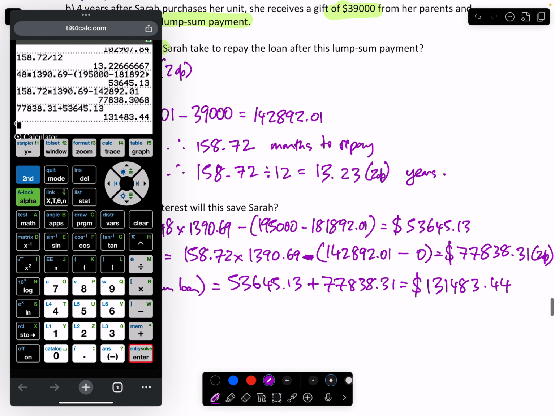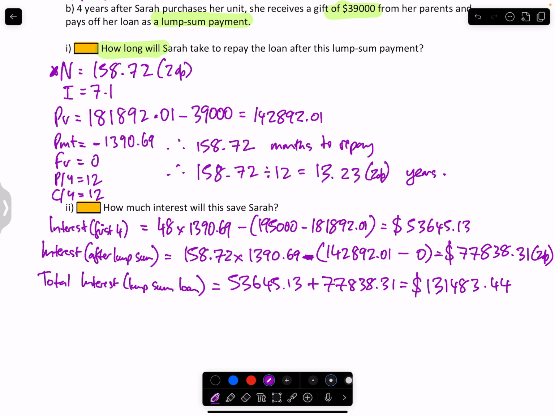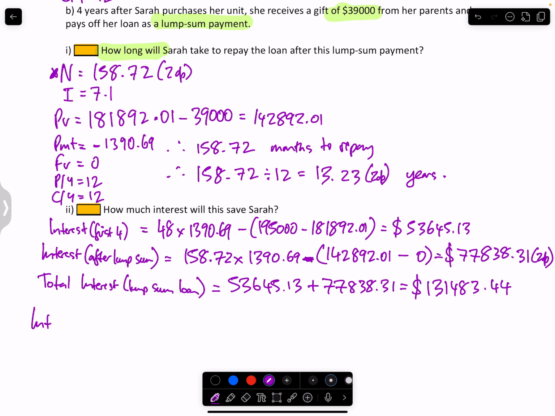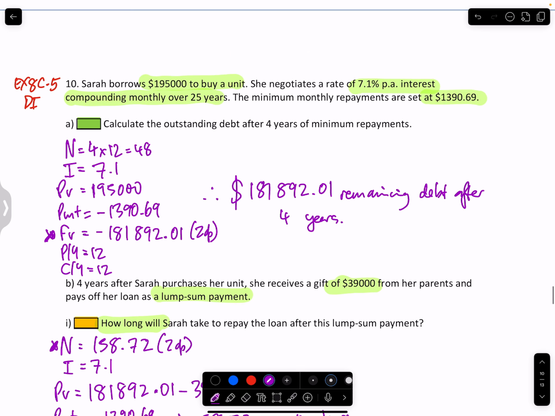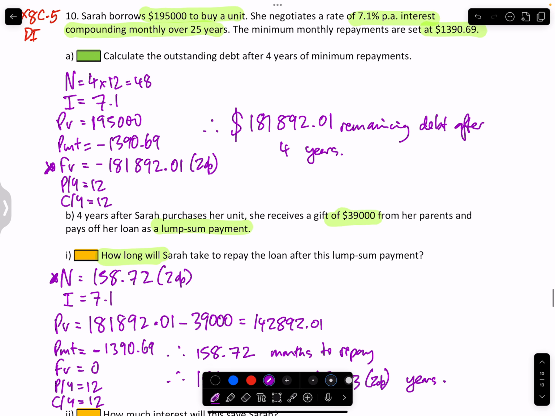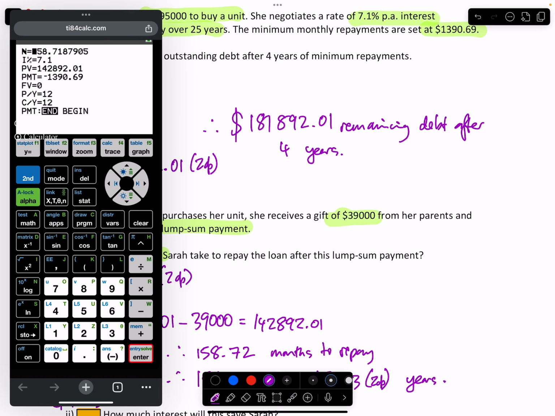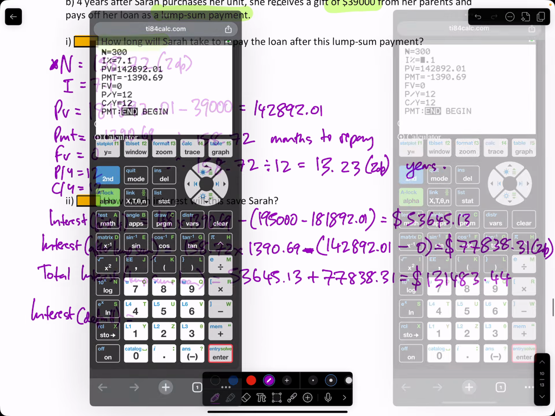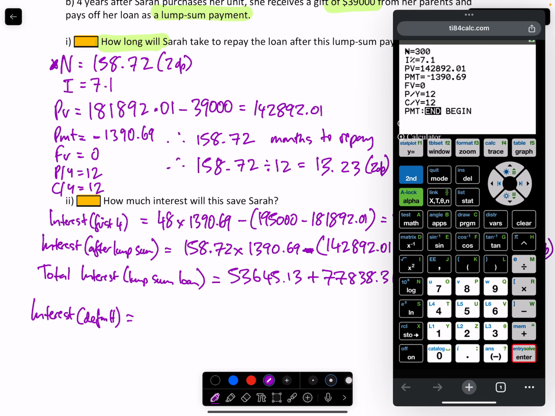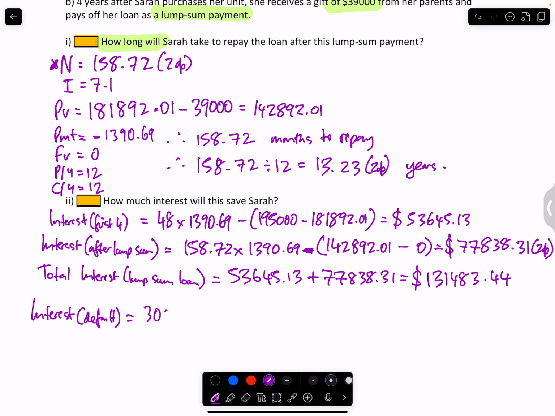But it's asking me how much interest would this save. So the interest on the default, if she didn't do the lump sum, would have been 25 years times by 12. So she would have paid the whole loan, 25 times 12. It would have been 300 payments of 1390.69.